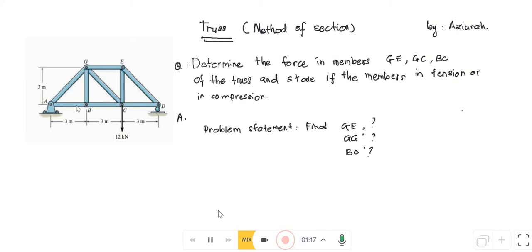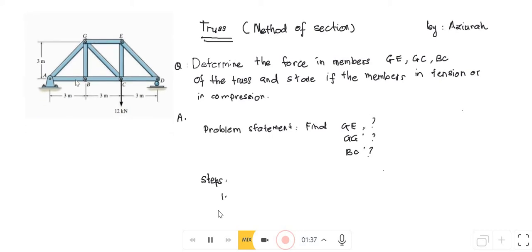So of course, the first thing that we should do is we need to draw the FBD for the whole structure. So first thing, we write it first.